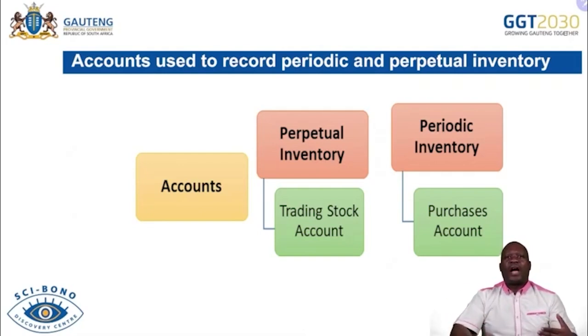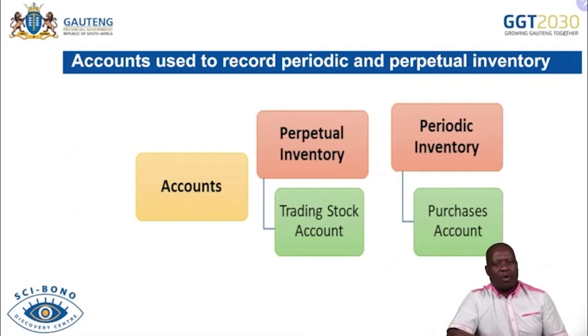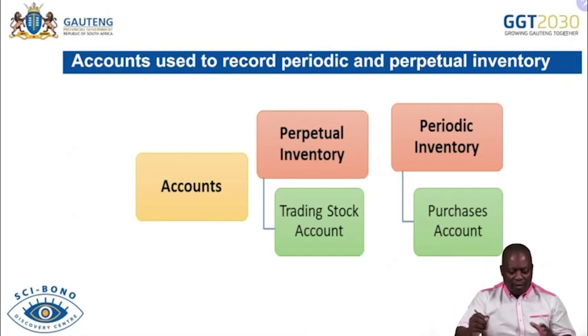So now we are going to use this purchases account when it comes to the calculation of our cost of sales at the end of the period. Very important. When it comes to periodic, purchases account. When it comes to perpetual, trading stock account.